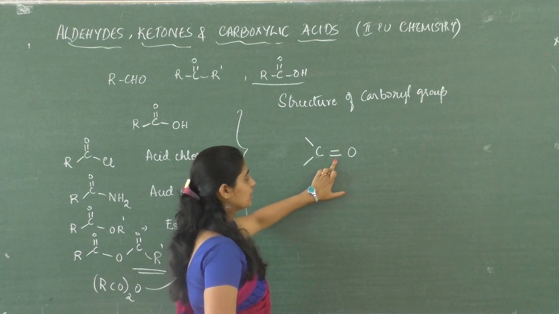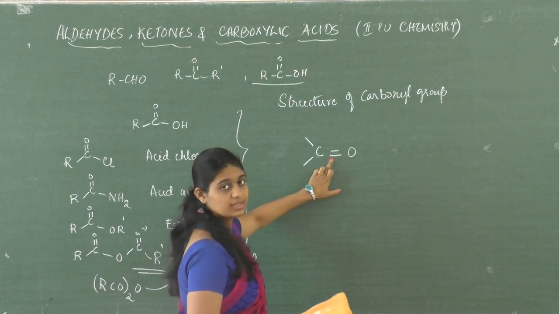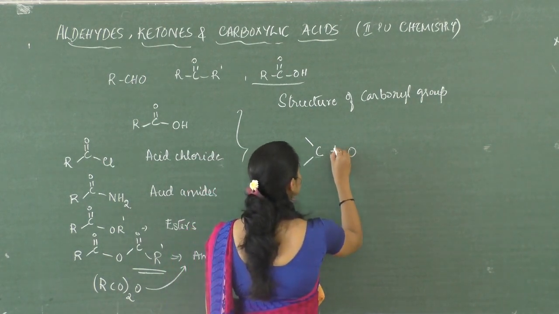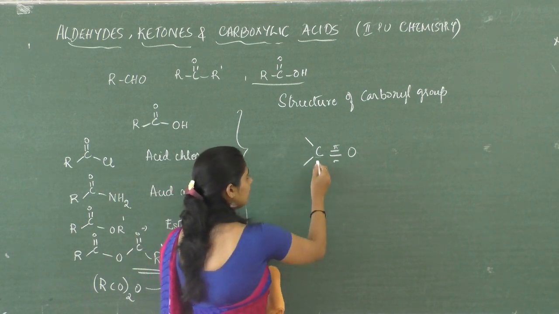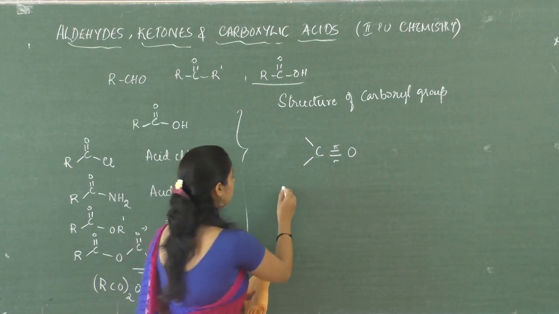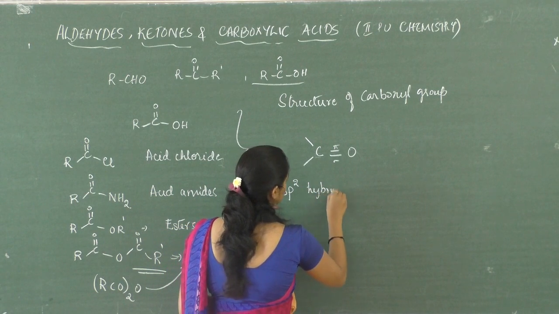The double bond consists of one sigma bond and one pi bond. And the carbon atom and the oxygen atom in the carbonyl compound are sp2 hybridized.